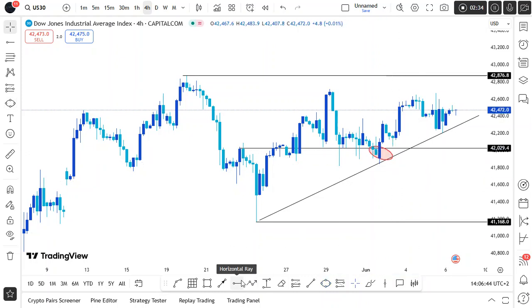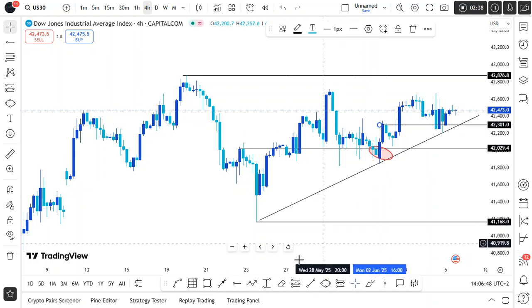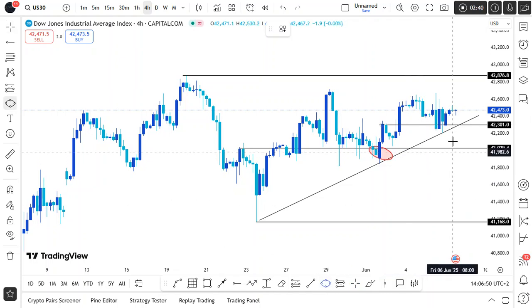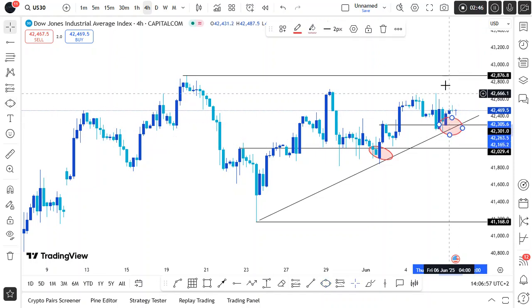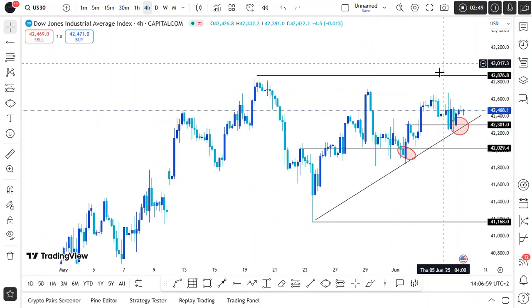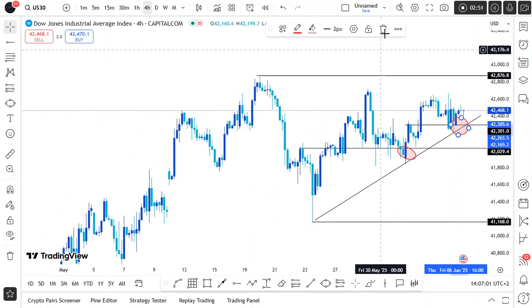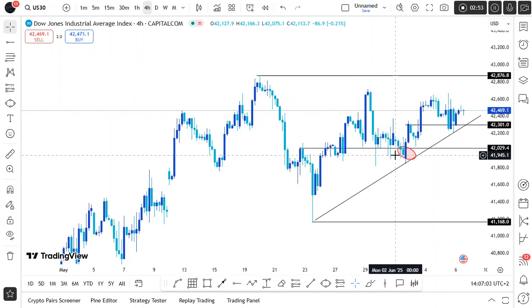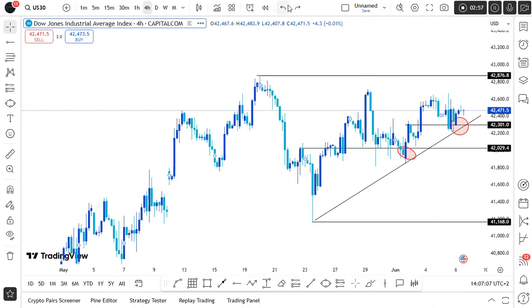Now we are rejecting here, which is this point. So USDT is buying, exactly a buy.